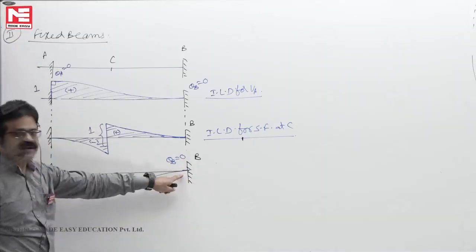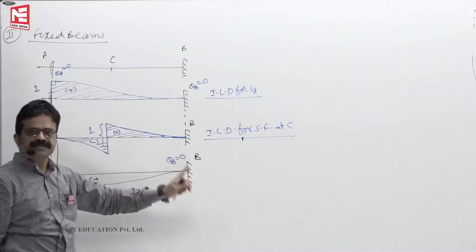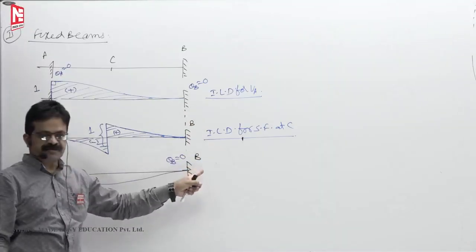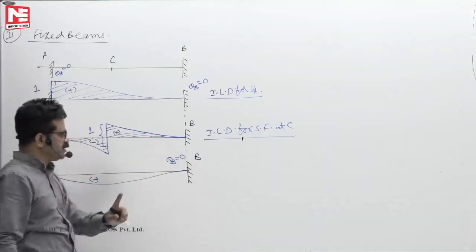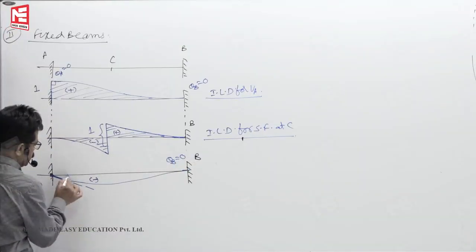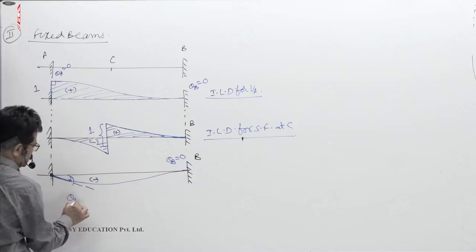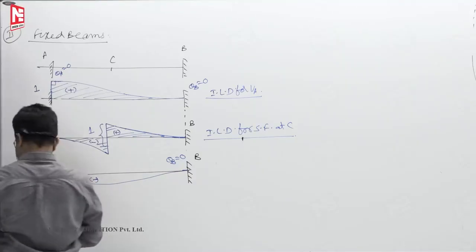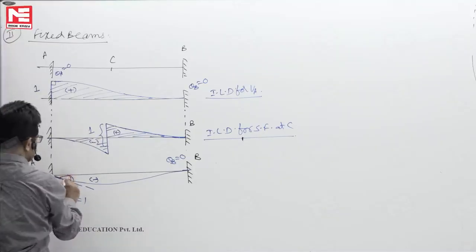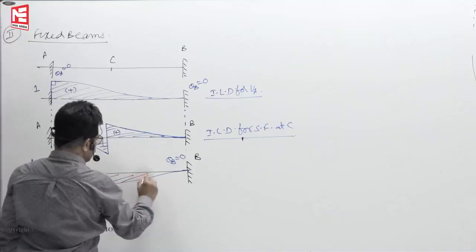Whereas if it is a propped cantilever, theta B will not be 0, theta B will exist. So I have drawn that's why some slope was there at theta B. Now theta B 0 because it is a fixed support. Now this point theta A must be 1. Then the deflected shape of the beam itself is the ILD for bend moment at A.